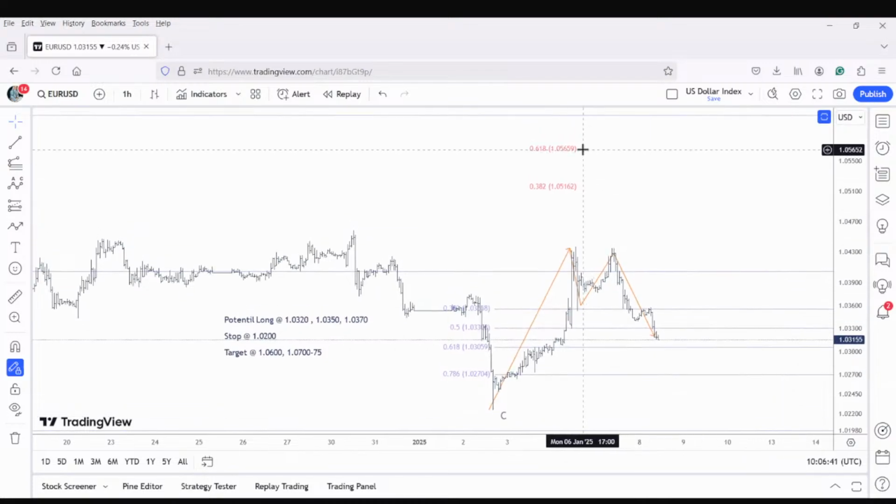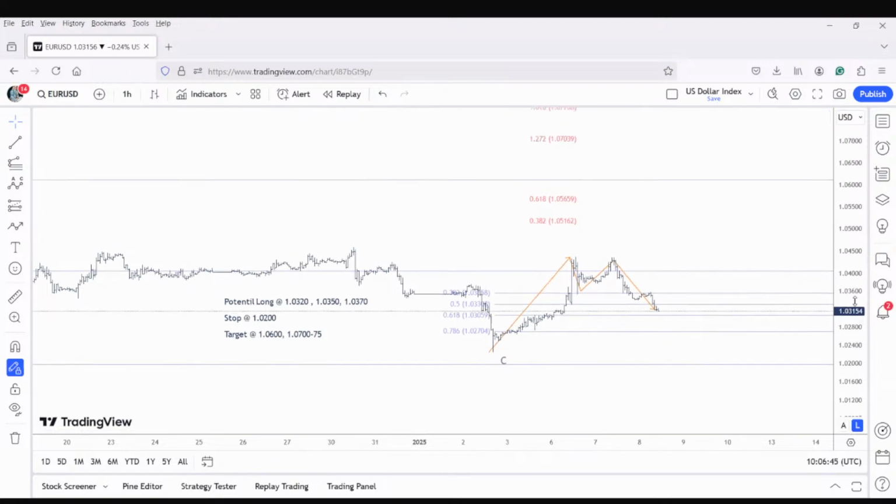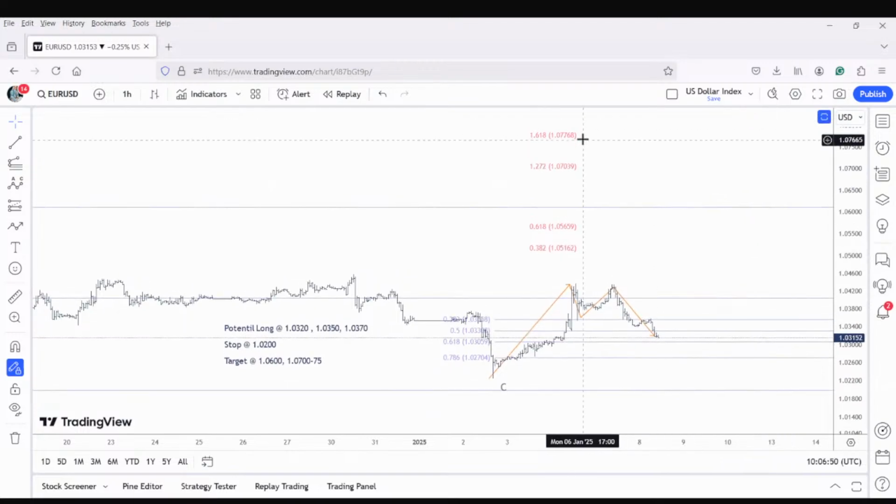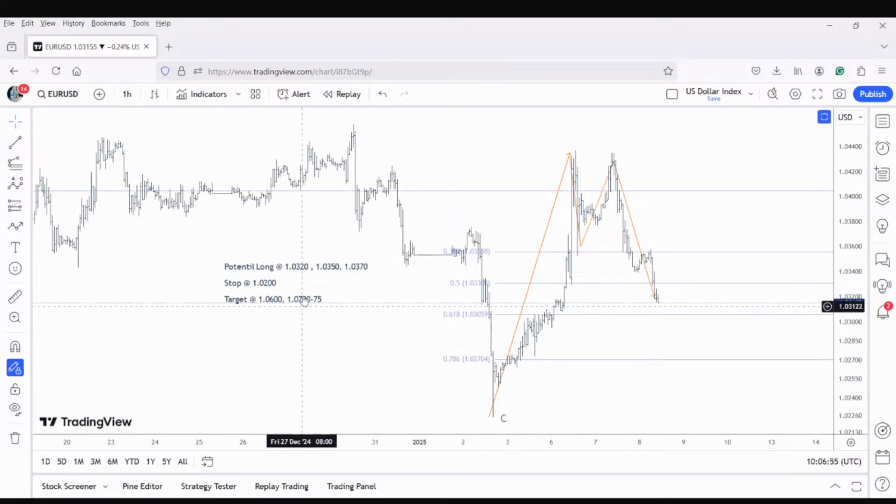So it's 1.0565, that is the 1.06 handle, and the 1.0775 mark. These targets, again, let me remind, are only for the short-term traders.